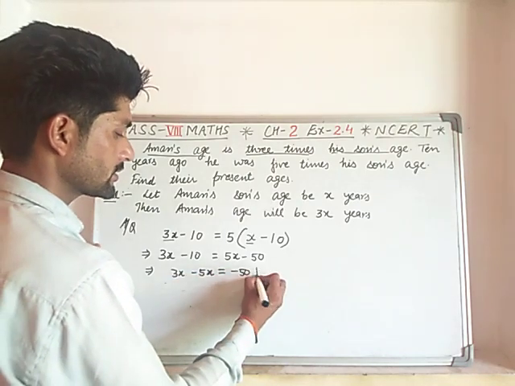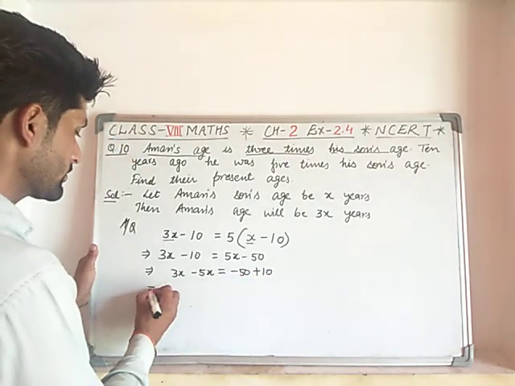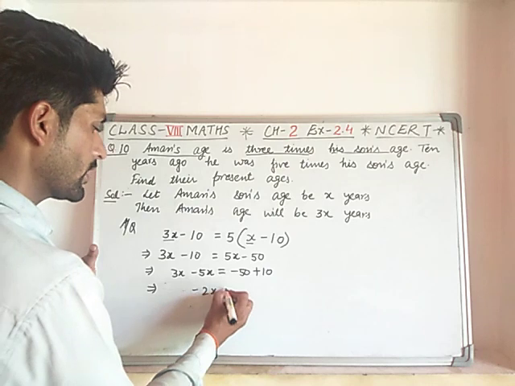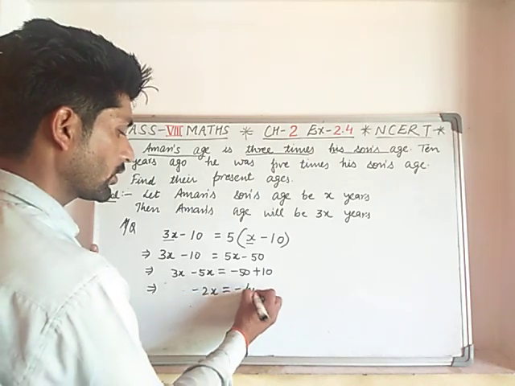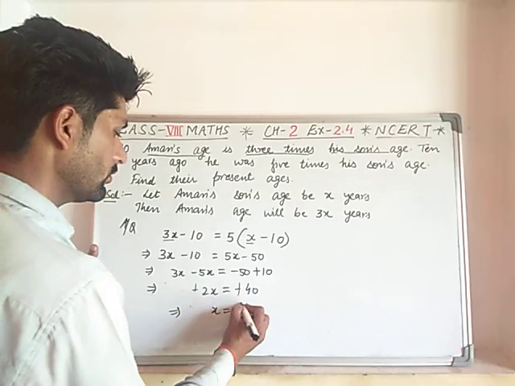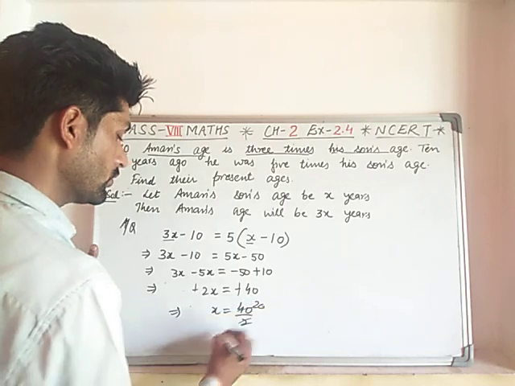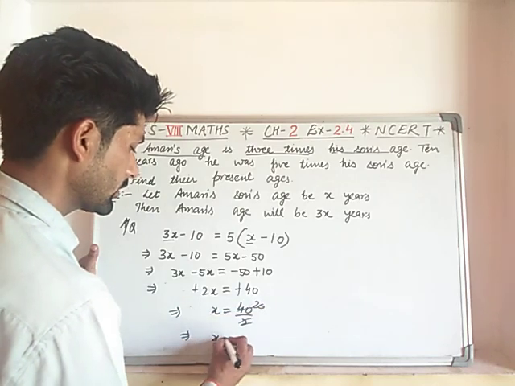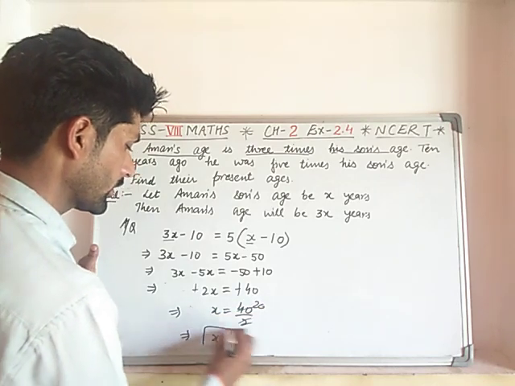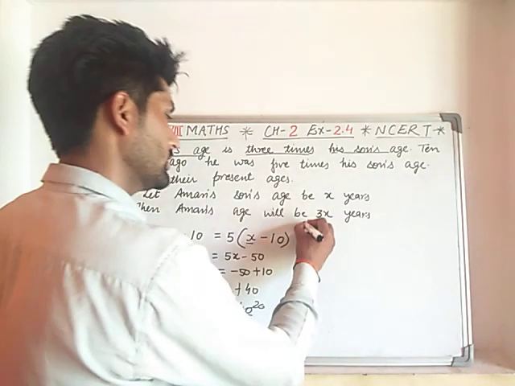We will shift this minus 10 to the right side. It will be plus 10. 3x minus 5x is minus 2x is equal to minus 40. Minus minus cancel, and we will get x is equal to 40 upon 2. We will cancel 40 by 2, and finally we will get the value of x as 20. So x हमारे पास क्या था? Son की age.